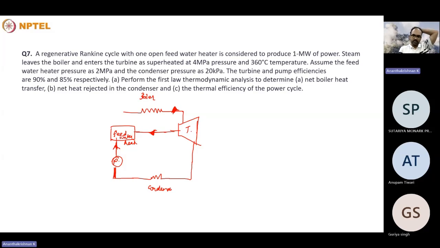And then it goes into another feed water pump to the boiler.